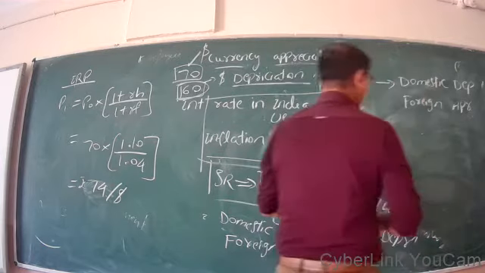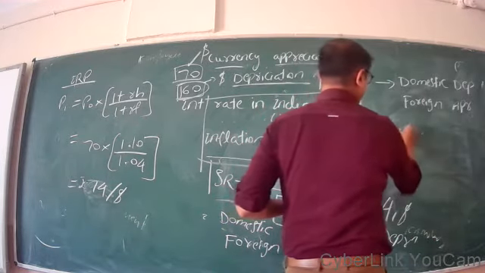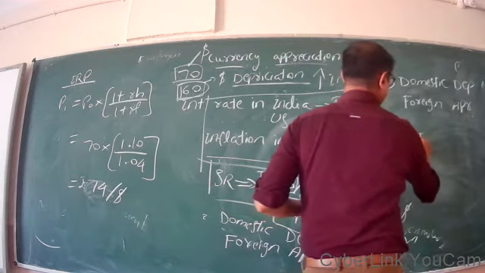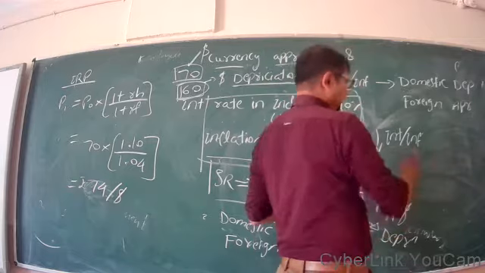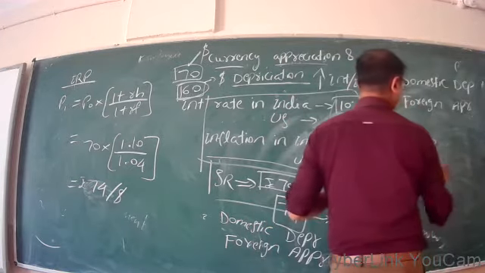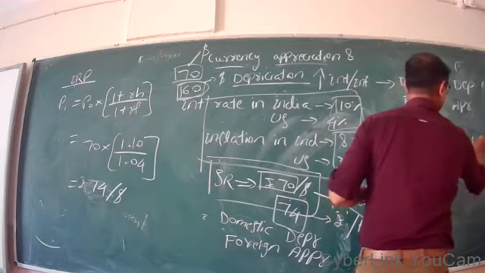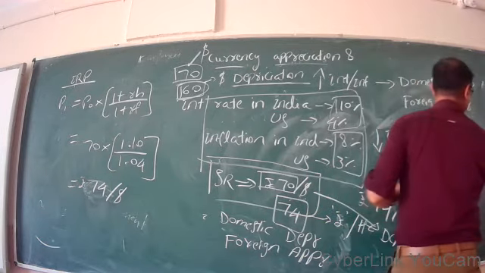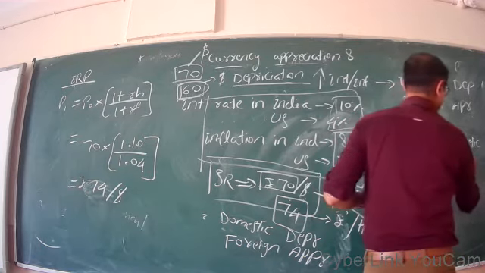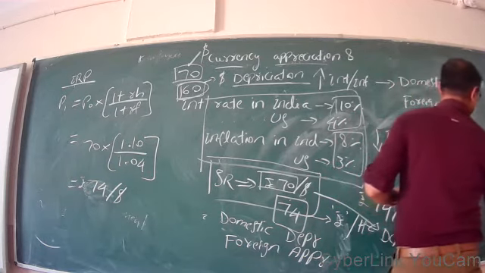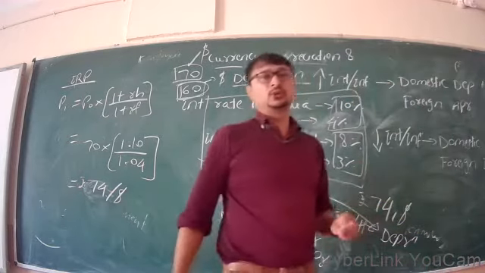If the interest and inflation in the domestic or home country are lesser than those of the foreign country, then the domestic currency appreciates and the foreign currency depreciates. This is the fundamental rule.